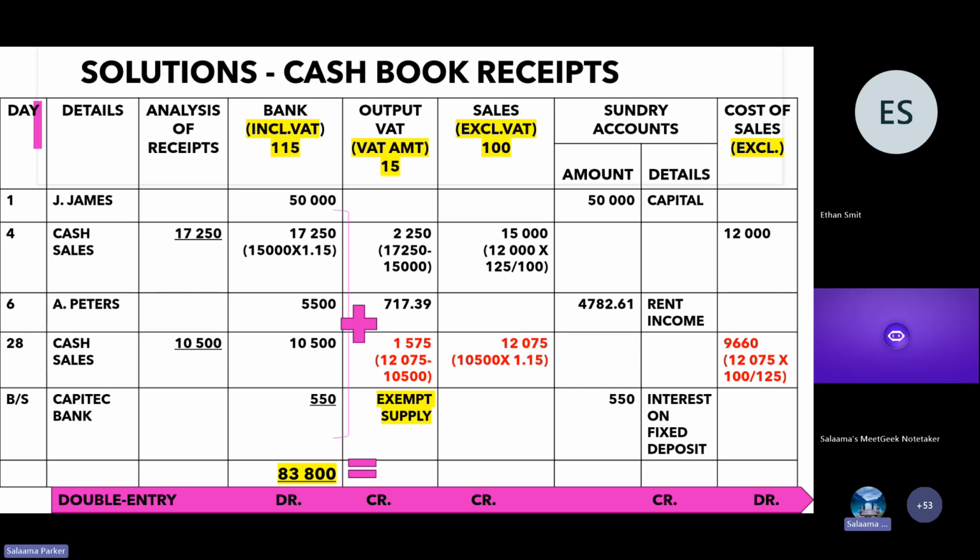Sorry, it is not a multiply, we are dividing by 1.15. Remember, when you go from inclusive to exclusive, we are dividing by 1.15.